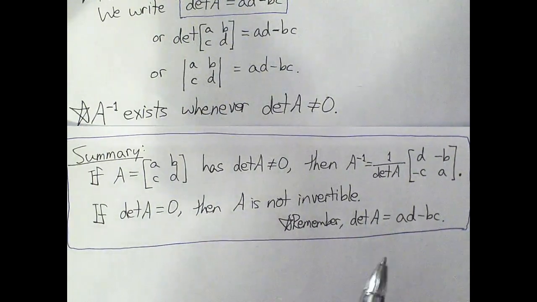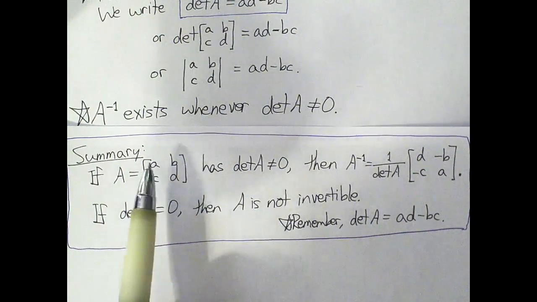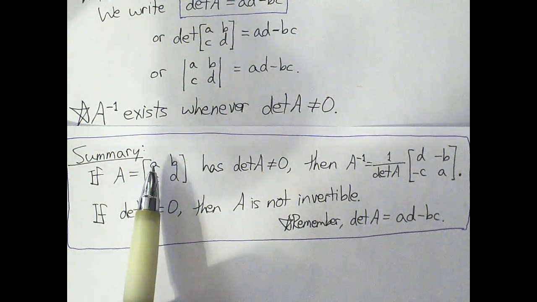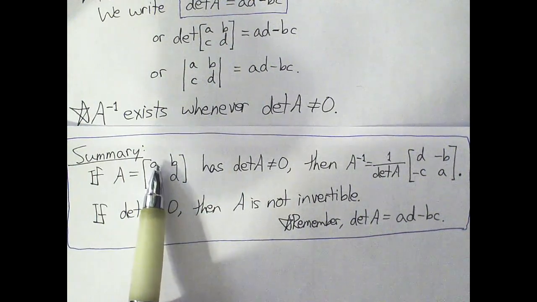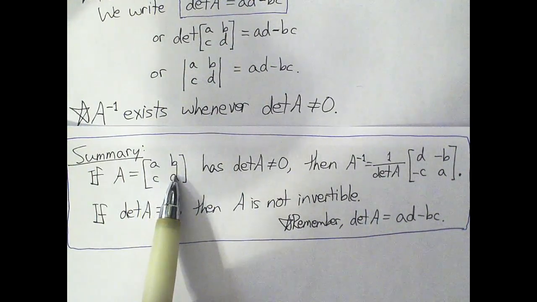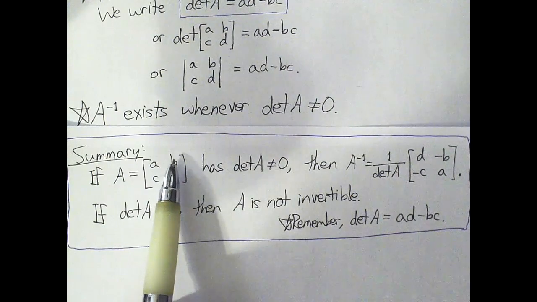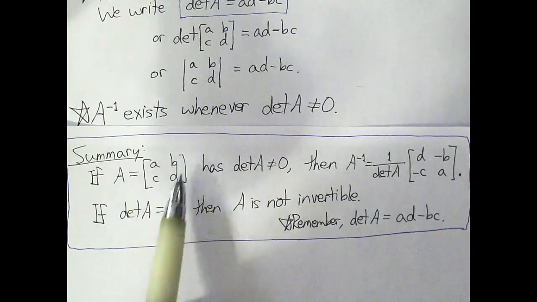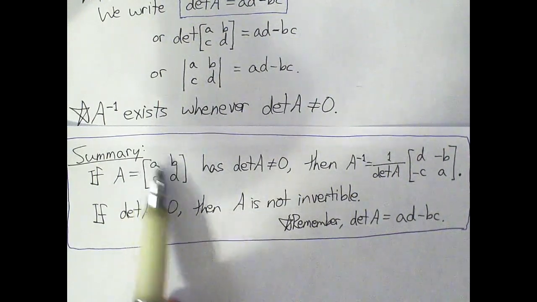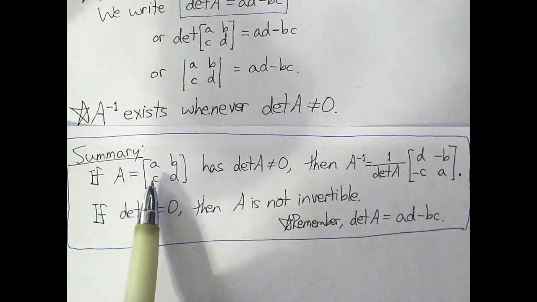I'm saying it over and over so that hopefully you remember. Maybe look at A and think AD minus BC is the upper left times lower right, minus upper right times lower left. So there's this crisscrossing that's happening. Maybe that helps you remember it.